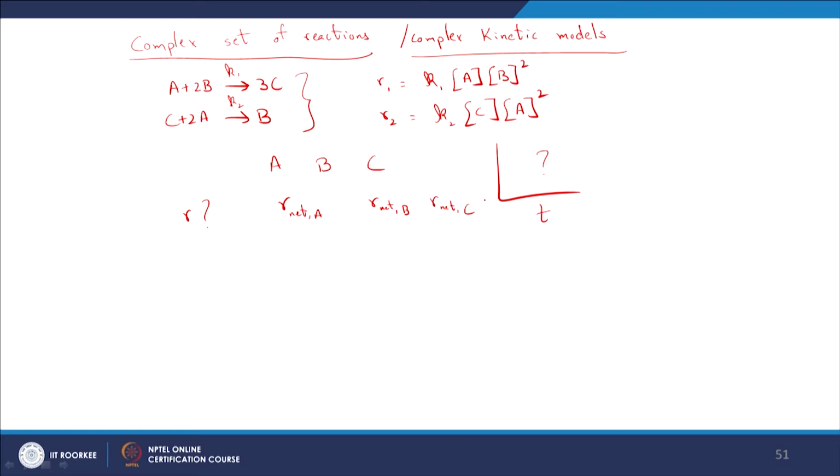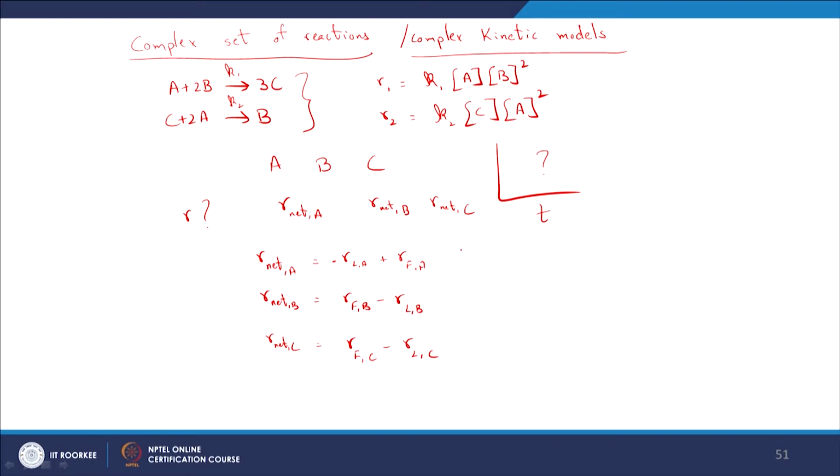First I am going to express them in terms of rate of formation and rate of loss. R net of A is the rate of formation of A minus the rate of loss of A. Again, R net of B will be equal to rate of formation of B minus rate of loss of B, and R net of C will be equal to rate of formation of C minus rate of loss of C.